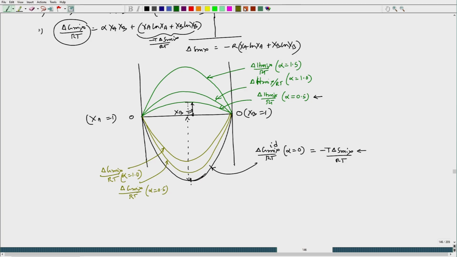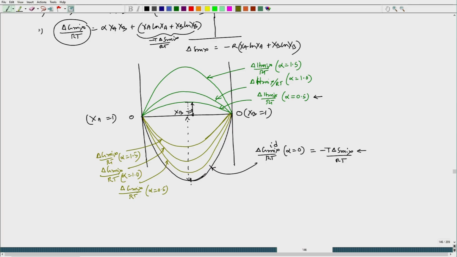So, the plot would be that delta G mix will still be convex downward, but it will be further up. Fine. So, this is delta G mix by RT when alpha equal to 1.5.